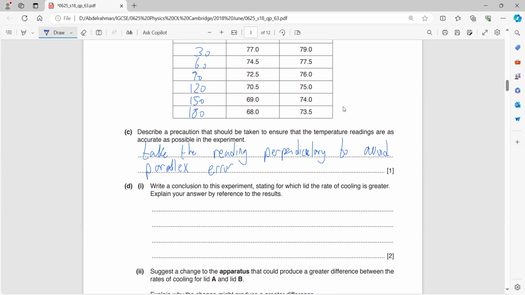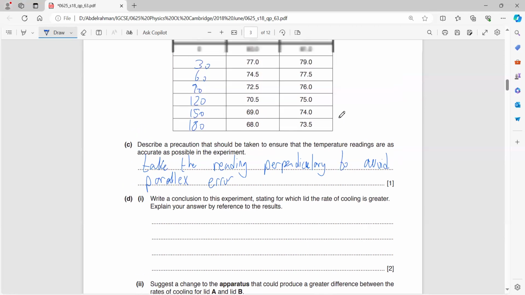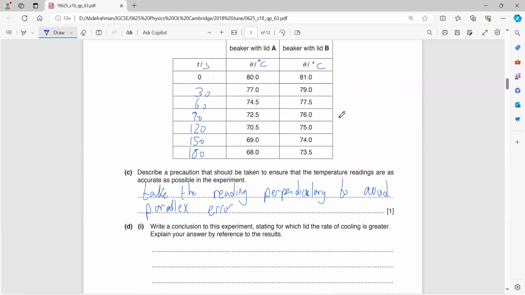Right. Okay, write a conclusion to this experiment stating for which lid the rate of cooling is greater. Which lid has a greater rate of cooling and why? Which lid loses heat faster and why? Any ideas?